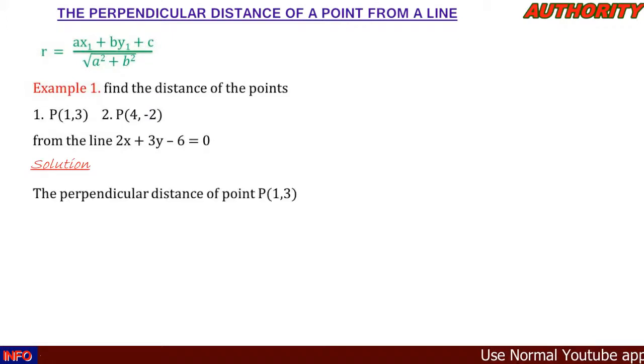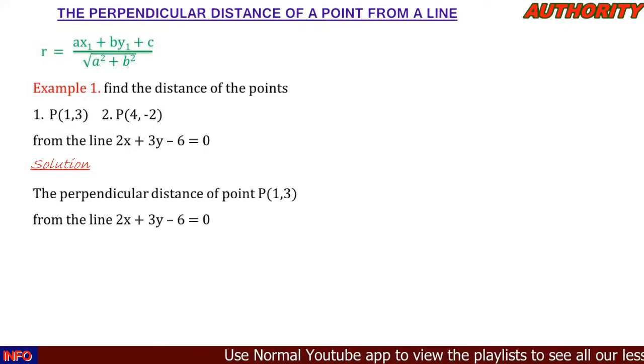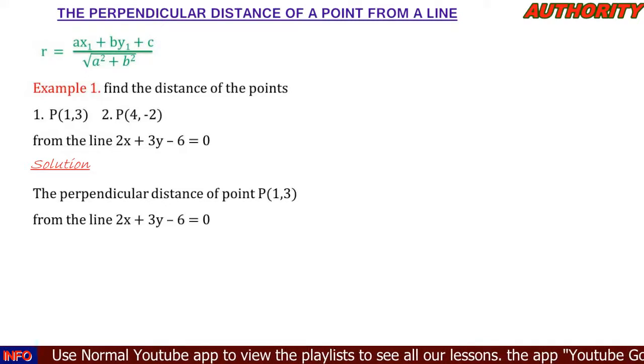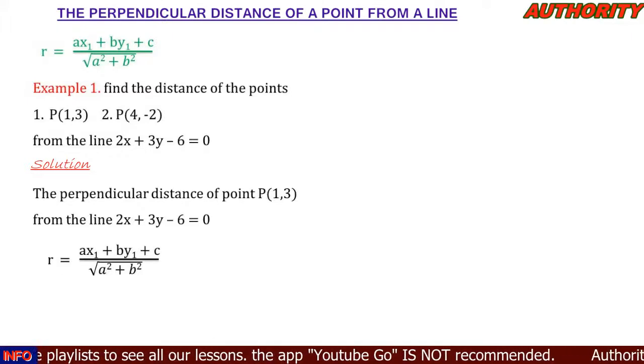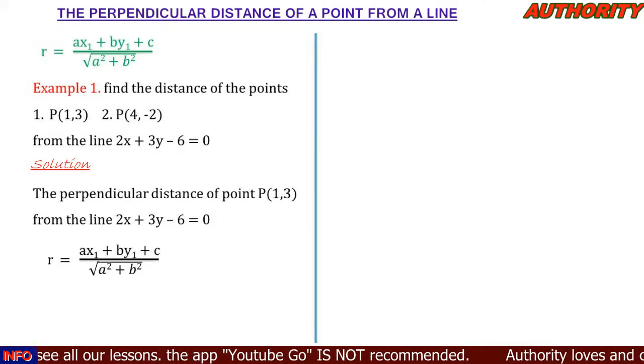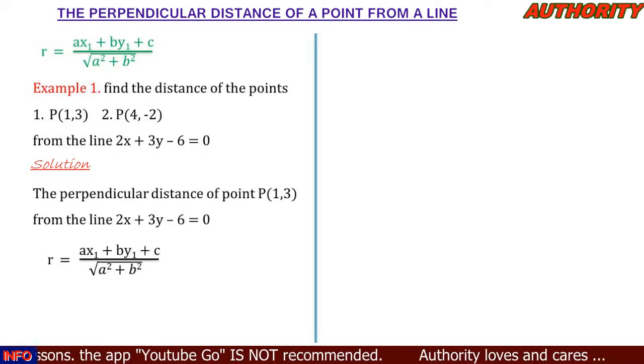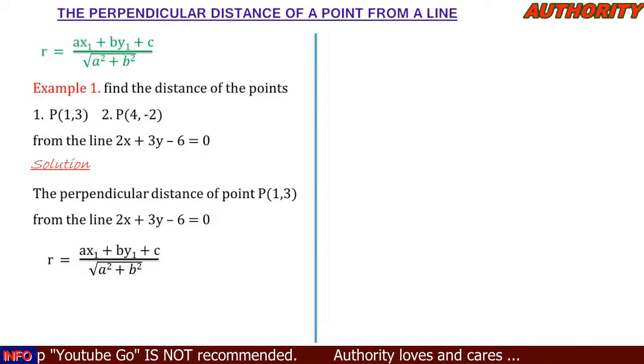Solution. We say the perpendicular distance of the point (1, 3) from the line 2x plus 3y minus 6 equal to 0. How can we find this? Let's apply our formula. R is equal to ax1 plus by1 plus c all over the square root of a squared plus b squared.